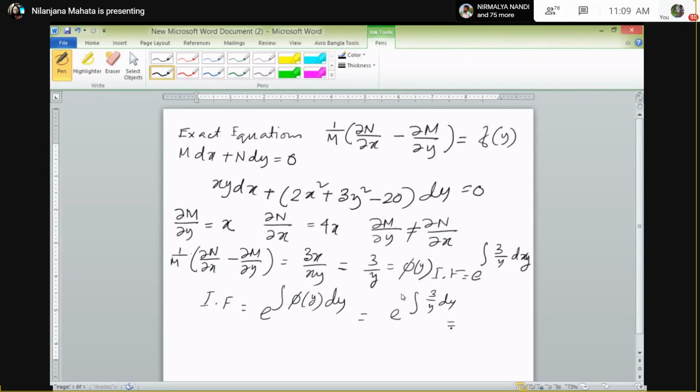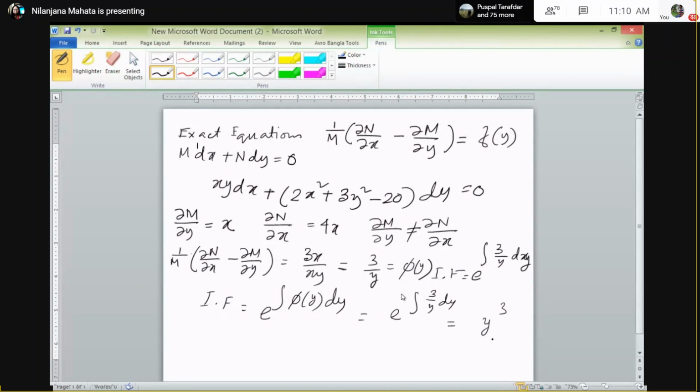So you will integrate and the result will be log y cube, right? So this is the rule. If this subtraction is a function of y only, then you can apply the rule, that is your integrating factor is this.